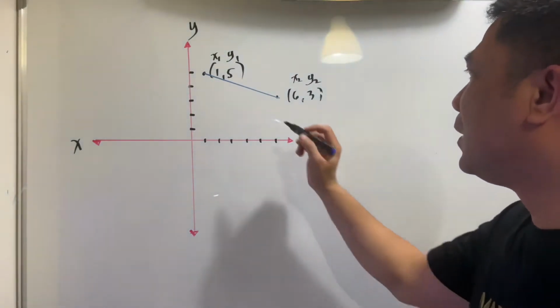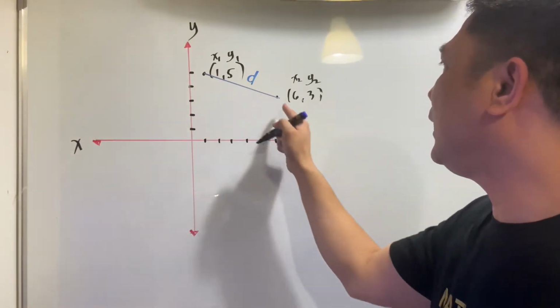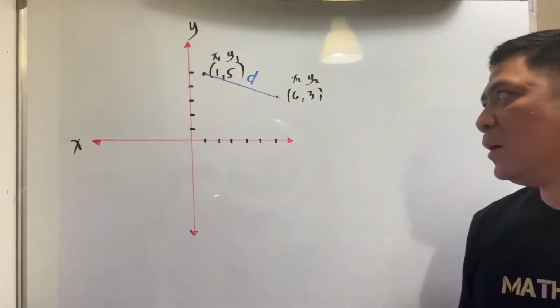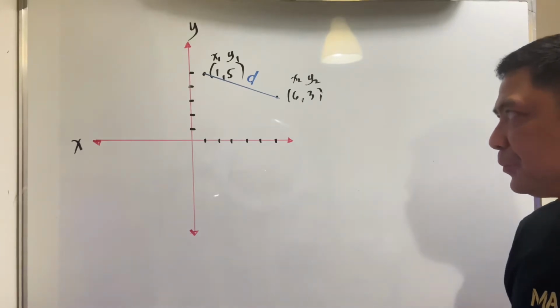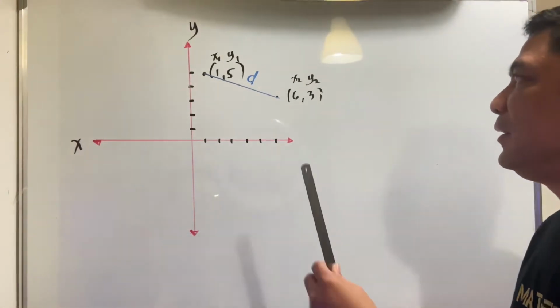So we have a distance d between point 1 and point 2. How do we get this? If I try to make a triangle out of these 2 points, we'll have it like here.